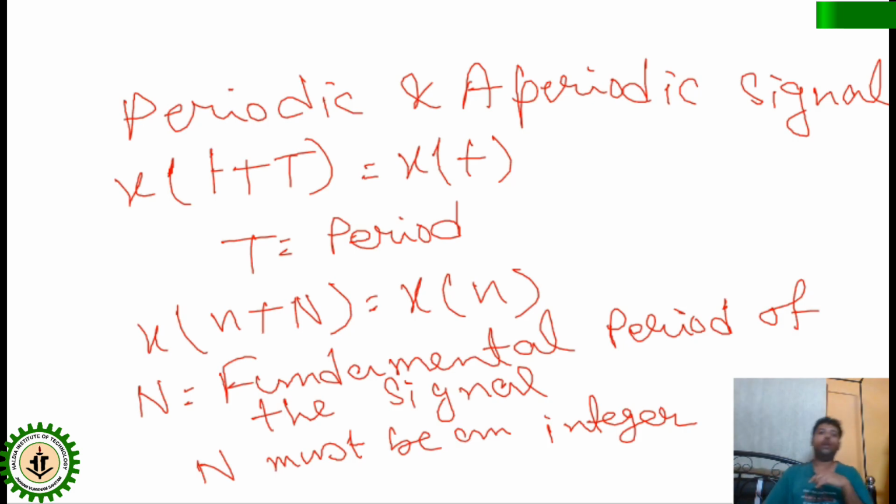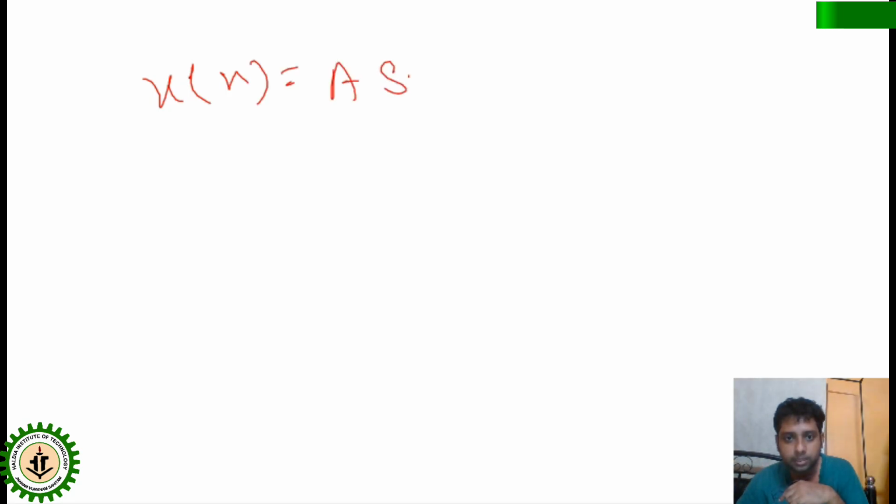Now, if we consider an example, suppose x of n is equal to a sine omega naught n.